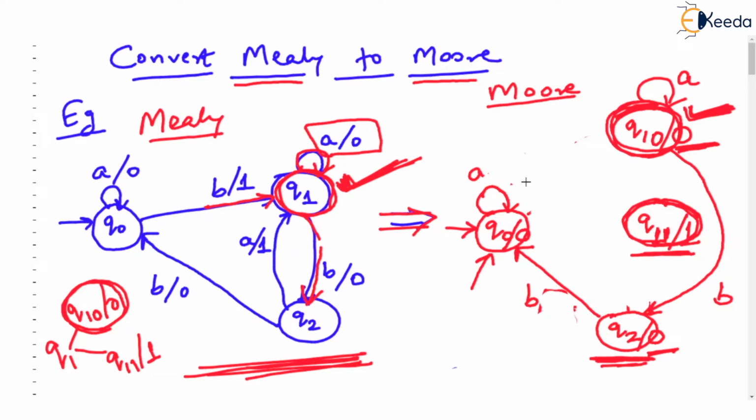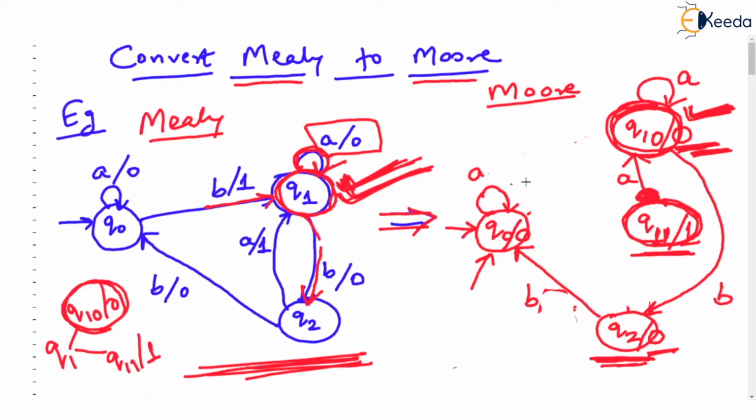So let's ask Q1 again. We will ask Q1 of the Mealy machine, what do you do when you read A? Q1 says, when I read A, I remain in Q1, but that Q1 which outputs 0. So we will tell this Q1 that when you read A, you go to such a Q1 which outputs 0.